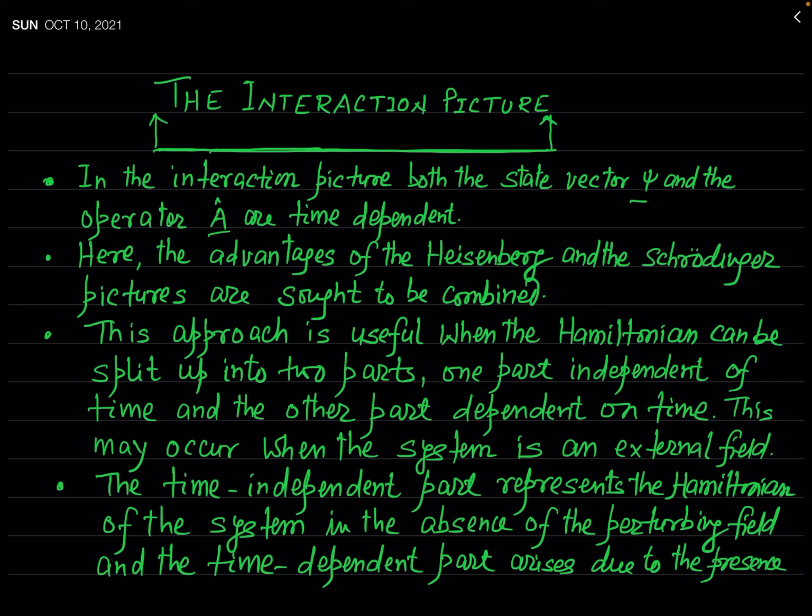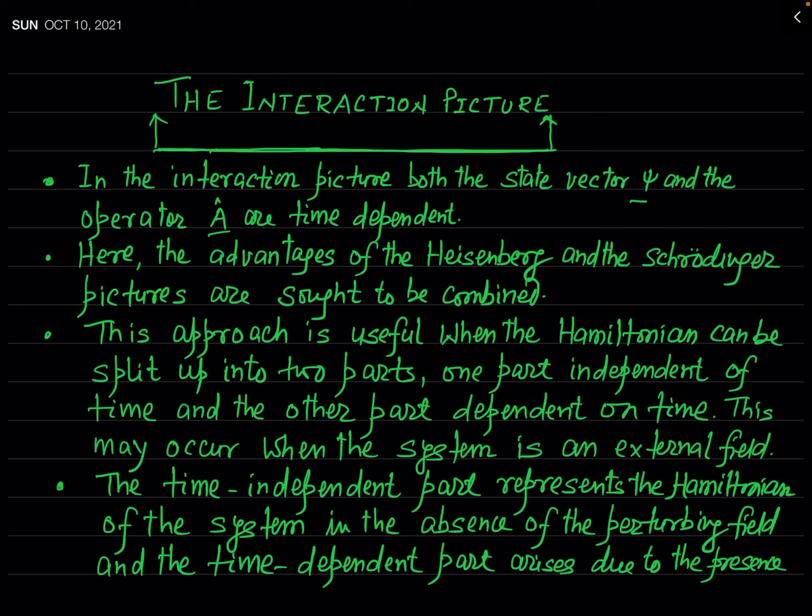As I have told you, in this case the Hamiltonian may be split into two parts. First one is time independent and another is time dependent. So let us consider that our Hamiltonian for the system, H hat of t, is written as H hat 0 plus H hat 1 of t.